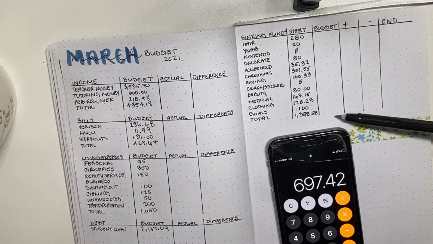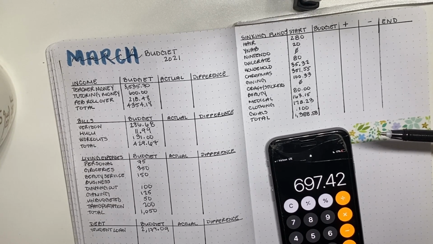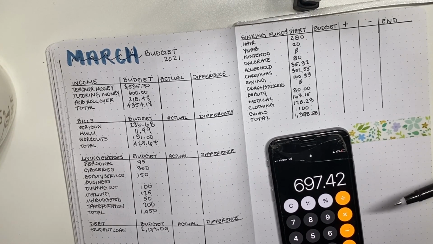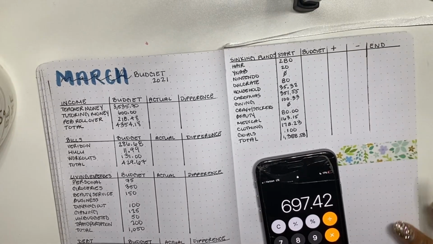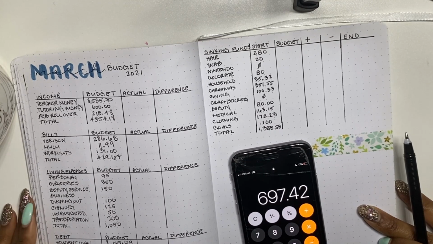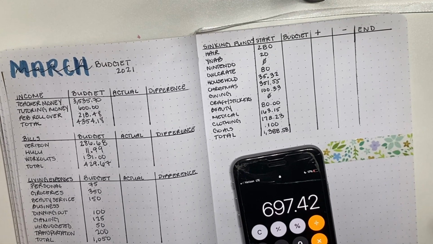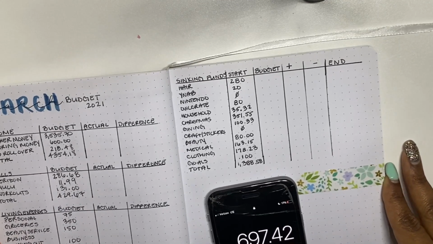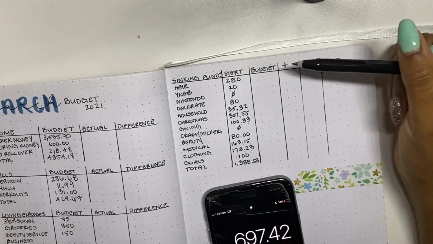Last month, we budgeted $670 here. That was the number that was needed. So I think it can be lower. And let's look. So first off is hair.